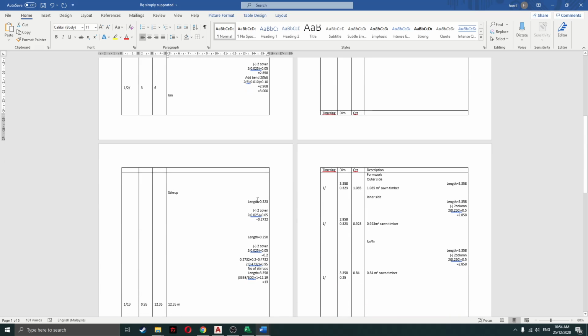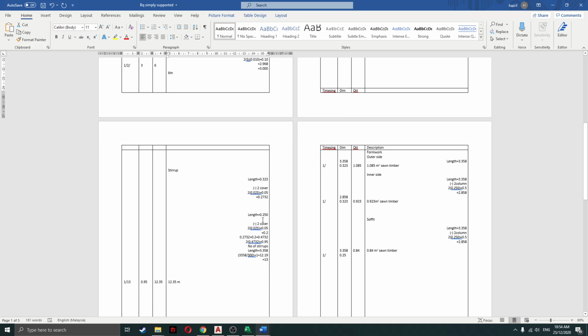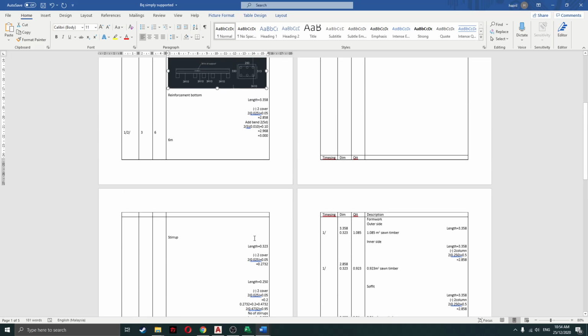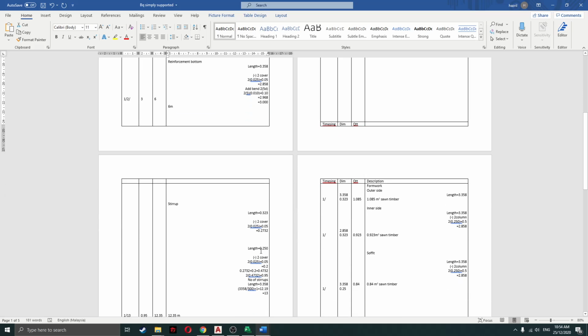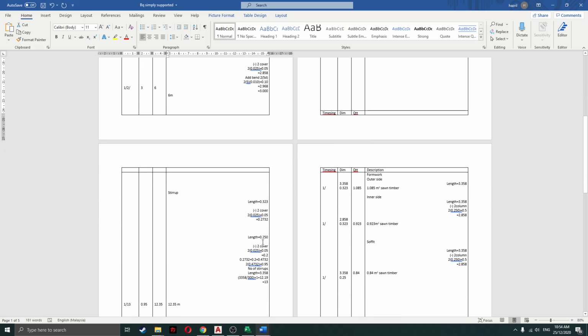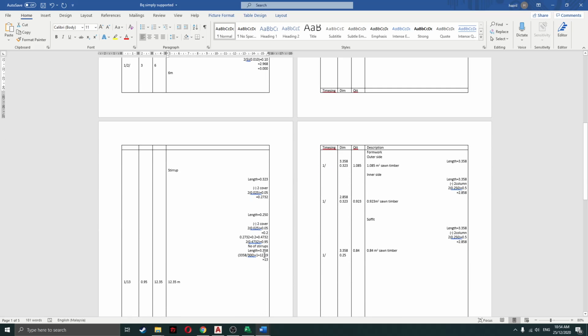Then for stirrup, I get length minus cover, I get 0.2732. Then the height minus the BW minus cover, I get 0.2. I plus with length body, and then I get 0.4732.